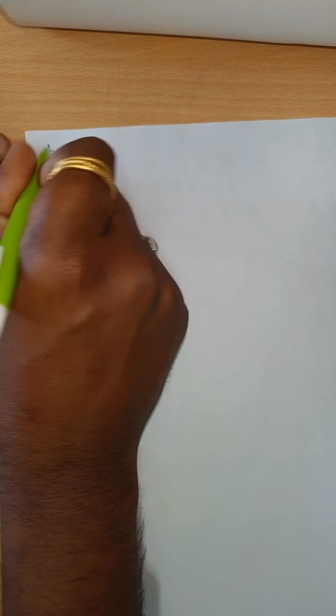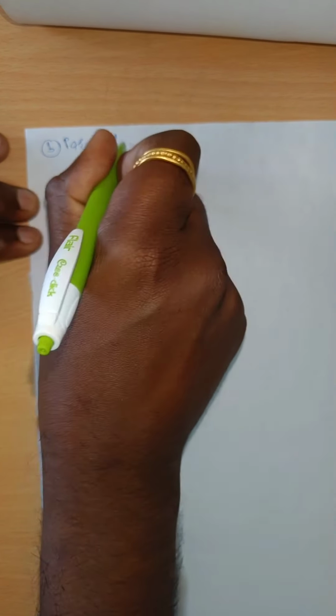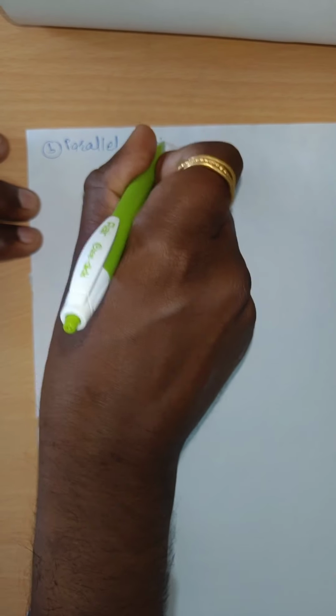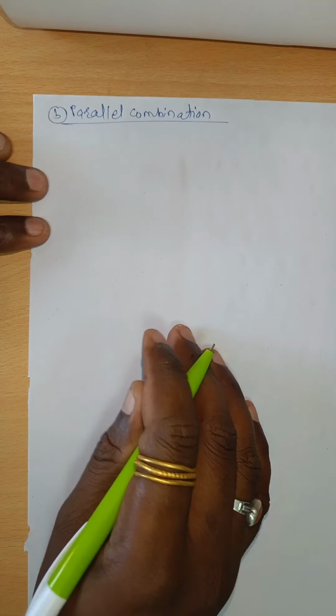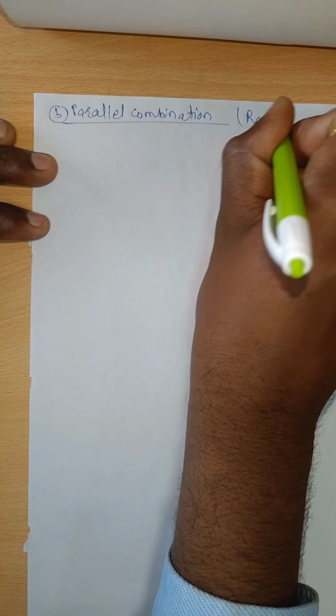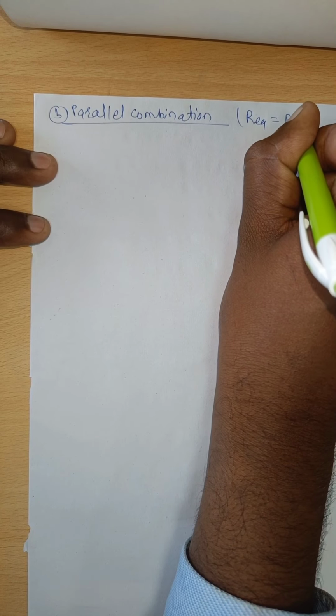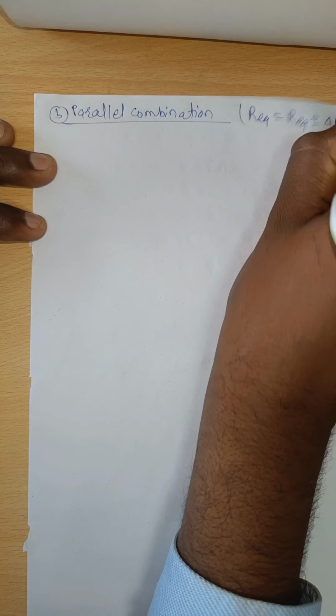Next we have to find out the equivalent resistance when they are connected in parallel combination. Now B, parallel combination. In parallel combination, R equivalent is equal to R equivalent plus or minus delta R equivalent.